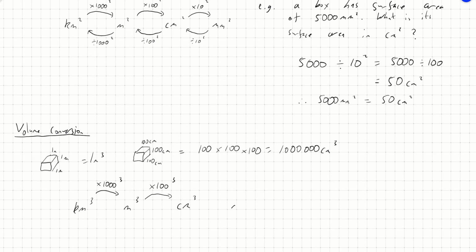And centimeters cubed to millimeters cubed, you multiply by 10 cubed. Okay, and remember, in the other direction we use the same numbers, but just divide. Millimeters cubed to centimeters cubed, divide by 10 cubed. Centimeters cubed to meters cubed, divide by 100 cubed. And meters cubed to kilometers cubed, divide by 1,000 cubed.